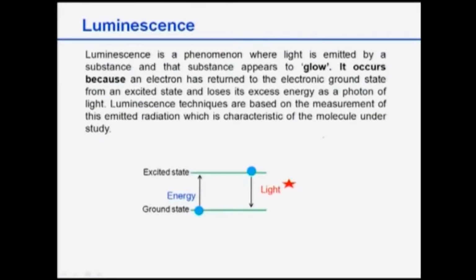Well, what is luminescence? Luminescence is basically a phenomenon where light is emitted by certain substances, and that substance appears to glow. As you know, nothing actually emits light per se; when you see some object, it is because the light is reflected from that object.